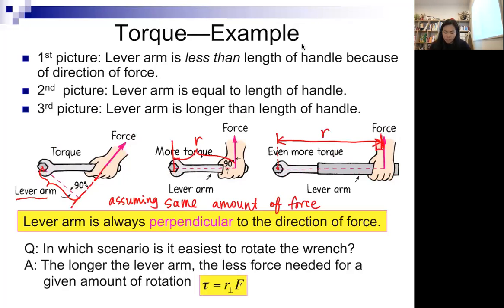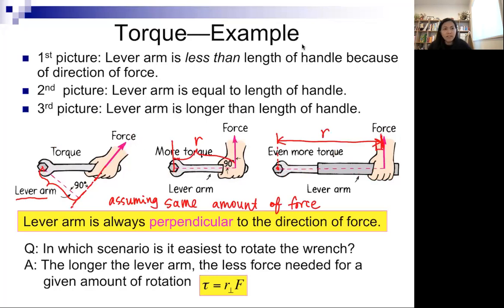Okay. Right. So the longer the lever arm for the same amount of force will give you more rotation, because you have bigger torque. So I hope this example clarifies somewhat how you find the lever arm, because that's one of the important things.